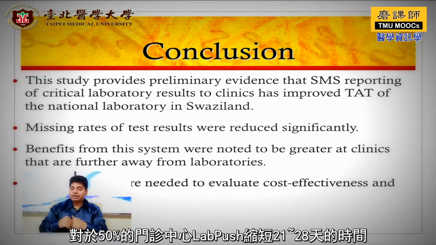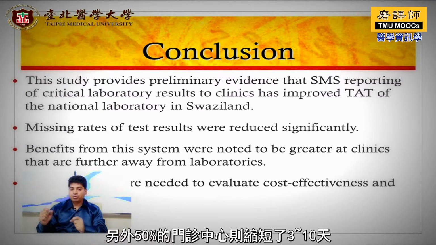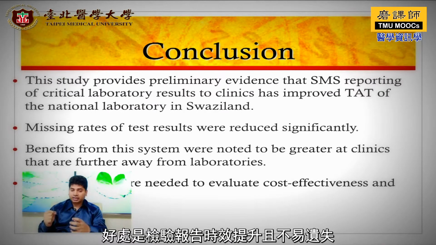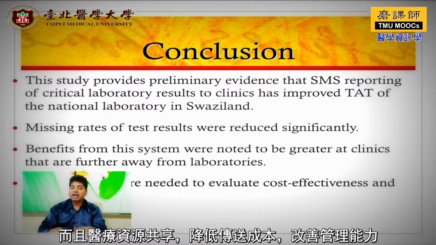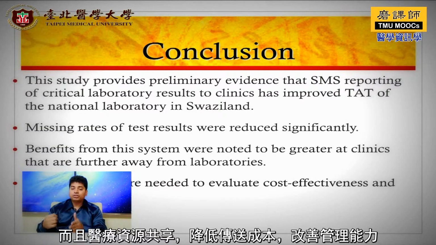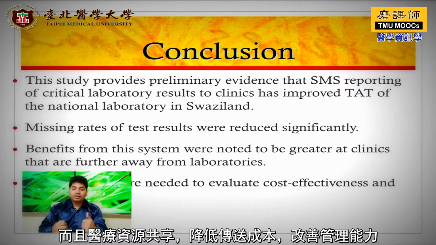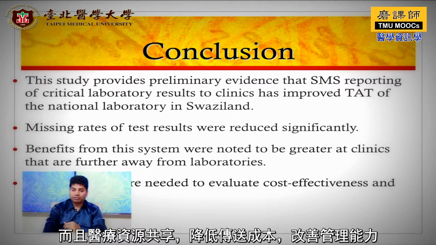And in conclusion, we say definitely this is preliminary evidence that SMS supporting clinical critical laboratory results to clinics has improved the turnaround time of the lab in Swaziland. Missing rates of tests are reduced significantly. Benefits from this system are noted to be greater for the clinics which are far away, and further studies are needed to evaluate cost effectiveness and clinical outcome.